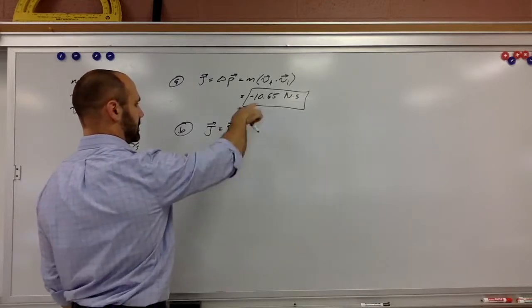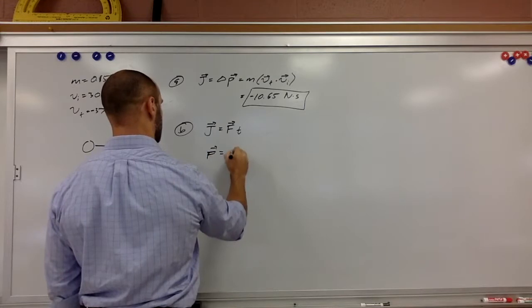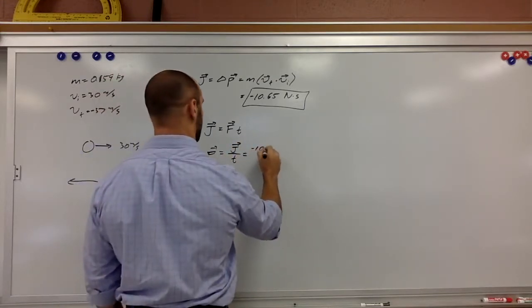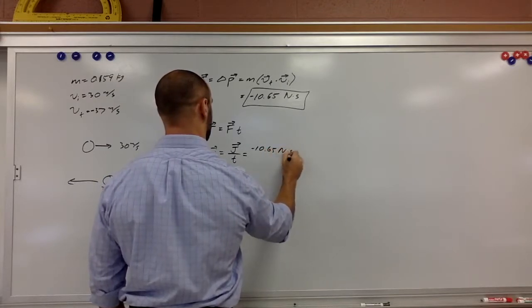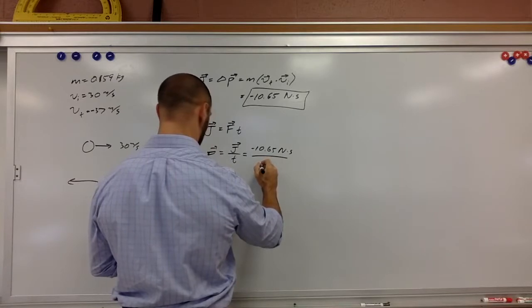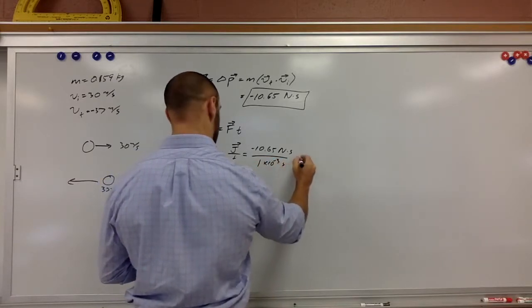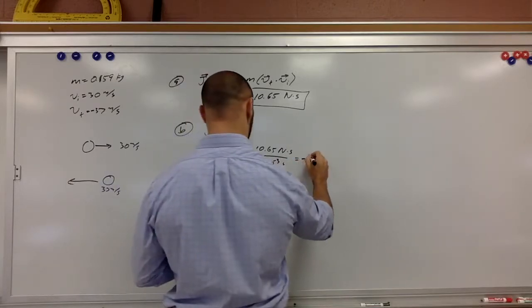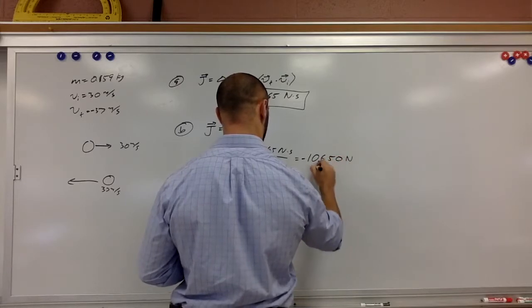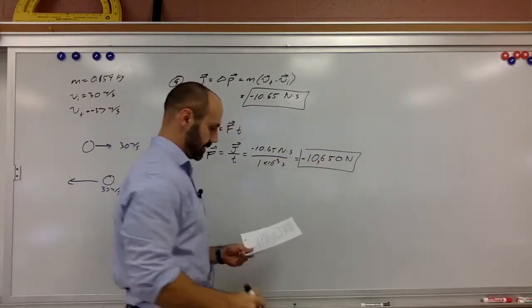We know J from this, and we know the time was just given to us. So the force is the impulse divided by the time, so negative 10.65 Newton seconds over 1 millisecond, so 1 times 10 to the negative third seconds. Well, that gives us negative 10,650 newtons. That's good. You can see the units, the seconds cancel out, and we're left with that.